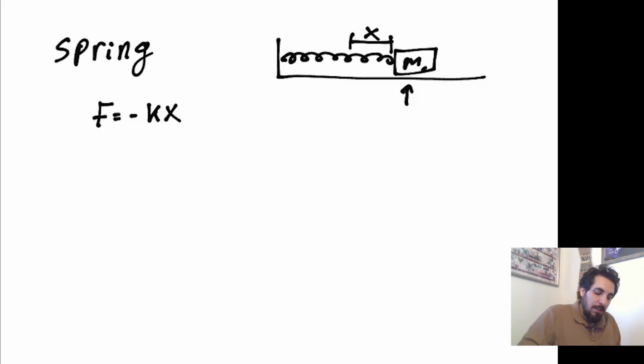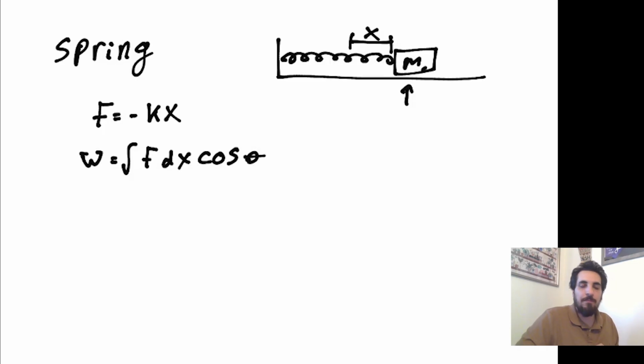Well, the work here would be defined by the integral of F dx, but we also need in here a cosine of theta. I left this out earlier because in the earlier versions, the displacement was in the same direction as the force. We're kind of negating this, but it is important, especially here. So when we look at this cosine theta, that is the angle between our displacement and our force.